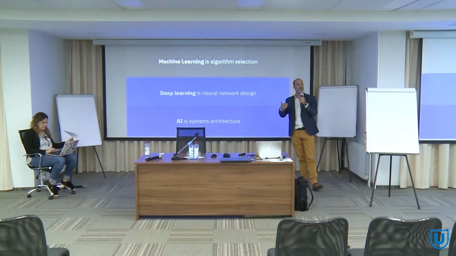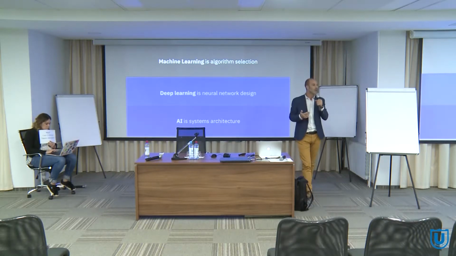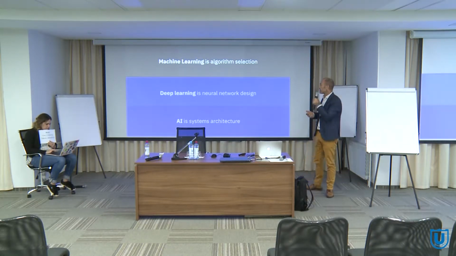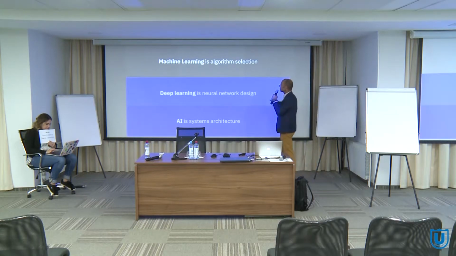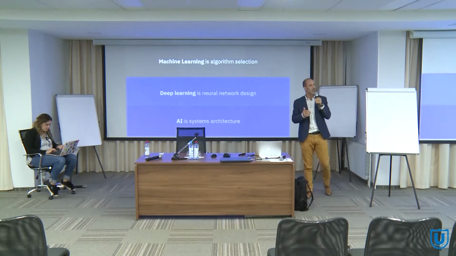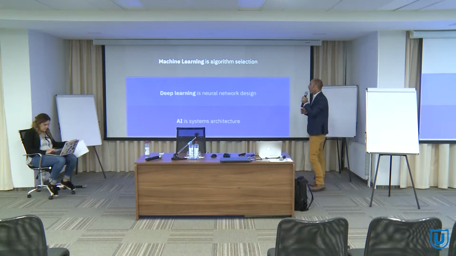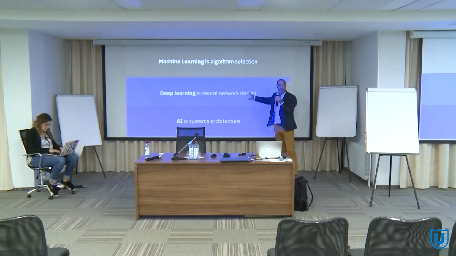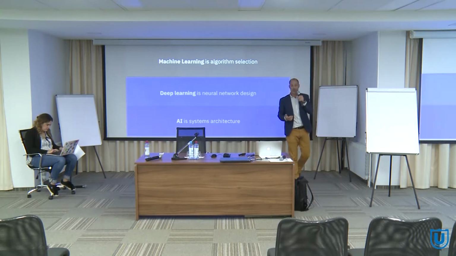So that's machine learning, being able to select the right algorithm for a specific business challenge. Then deep learning is ahead in terms of complexity, because we're going to tweak dozens of parameters in our neural network models to try to, for instance, recognize images.